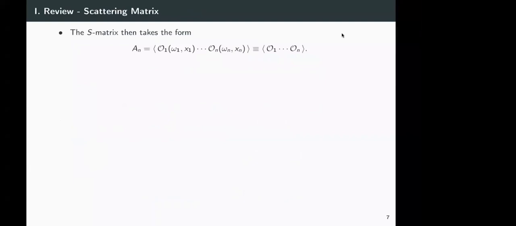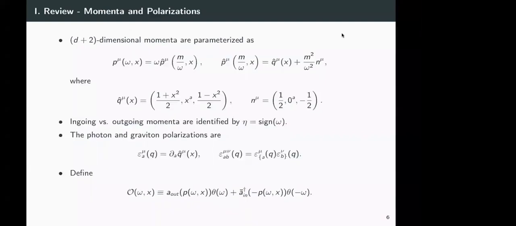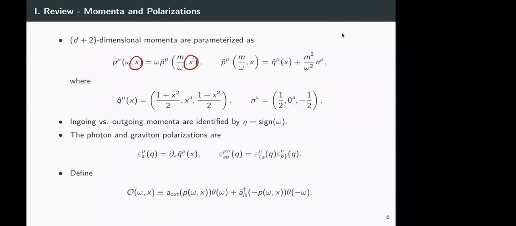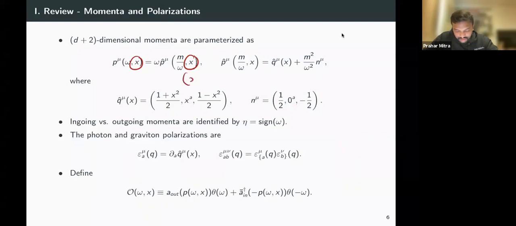Sorry, I missed, what is x again, please? Oh, x is just the parameter that's appearing in how I'm going to parameterize my momentum. And what is that parameter? It's just a vector, x^1 through x^D, and I've defined everything explicitly here.